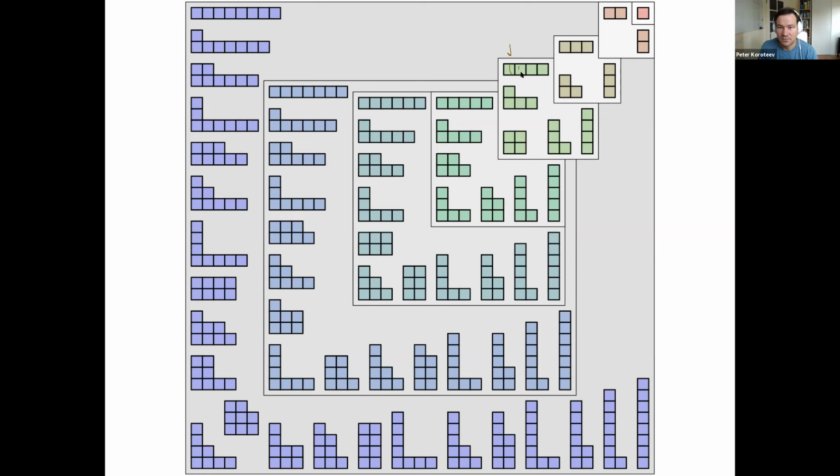This is 1, 1, 1, 1, which is odd but not distinct. 2, 1, 1 is neither. 2, 2 is neither. 3, 1 is odd and distinct. And finally, 4 is distinct. So we have two odd and two distinct for n equals 4.